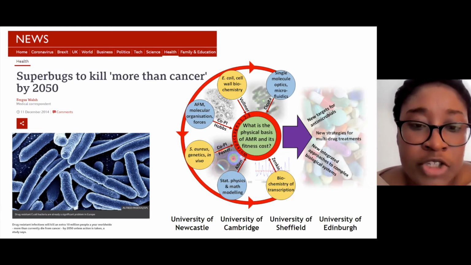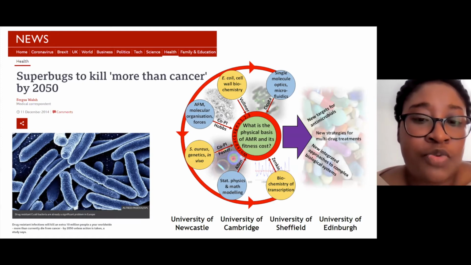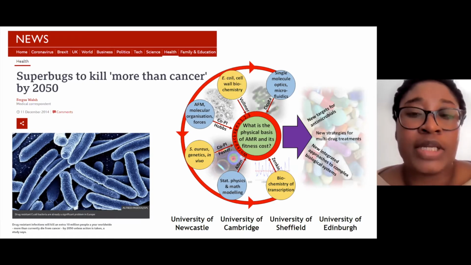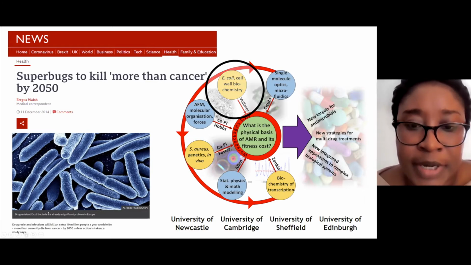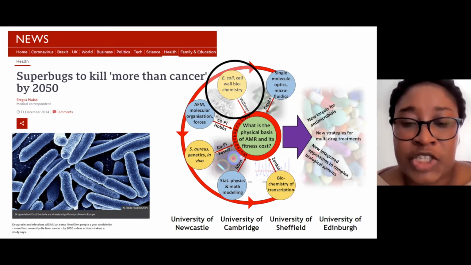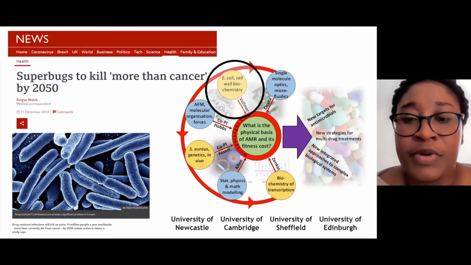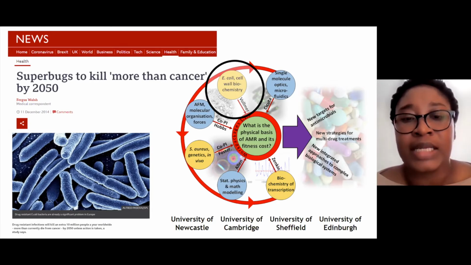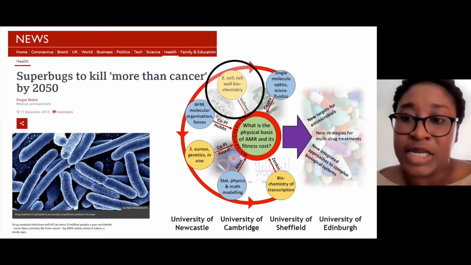To focus on this, we concentrate on two major pathogens. The first one is Staphylococcus, which is a spherical cell, and the next one is E. coli, which is rod-shaped, and that's what you can see on the screen. To tackle this problem and understand the physics behind antimicrobial resistance, we need a multidisciplinary approach, with a collective of expertise from different backgrounds.